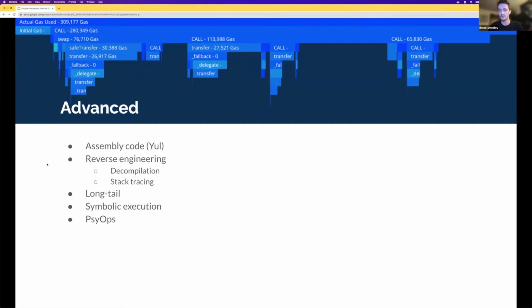Next topic, reverse engineering. This is a way to see what your competition is up to and how things work. If you have a smart contract on chain, most searchers, if not all, are not going to publish their source code, but you do always see the bytecode.